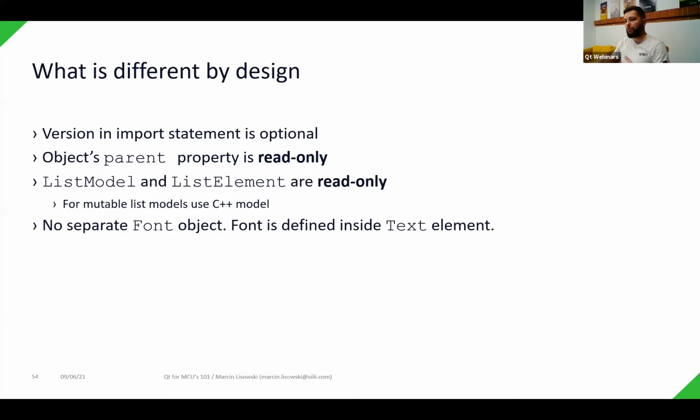If you want to create mutable list models that are going to change during runtime, you will have to use the C++ model for it, and we will do that later today. And there is no separate font object, so you don't have a separate type for it. Simply, if you define the font, it's inside the text element as one of the properties.